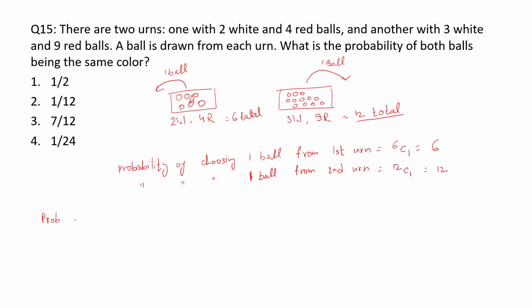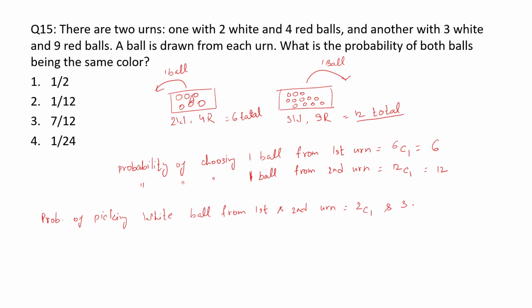Okay, probability of picking white ball from first and second urn. So what is the probability of picking a white ball from the first one? Only two whites are there. So 2C1. And what is the probability of picking a white ball from the second urn?